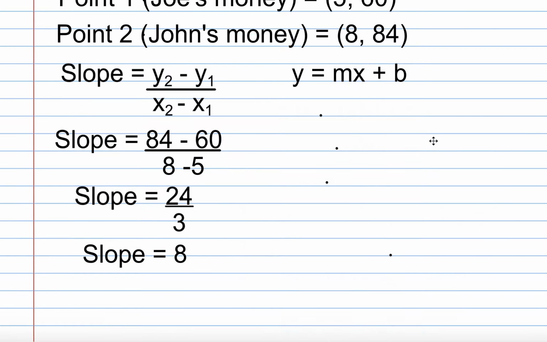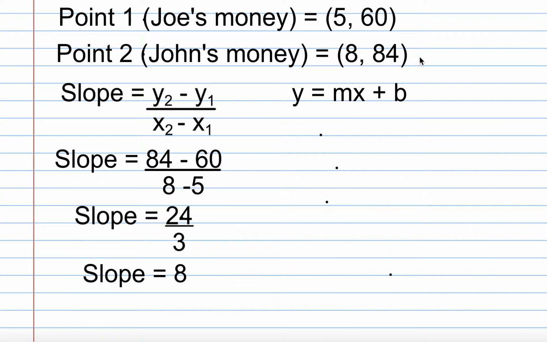Later on I'm going to show you a little bit more what that 8 means, but now we're going to find our b value. Again, you can choose either point. I think I chose the first one because the numbers are smaller. This is still x, y. So I'm going to have 60 equals my slope 8 times 5, my point for my x, plus b.